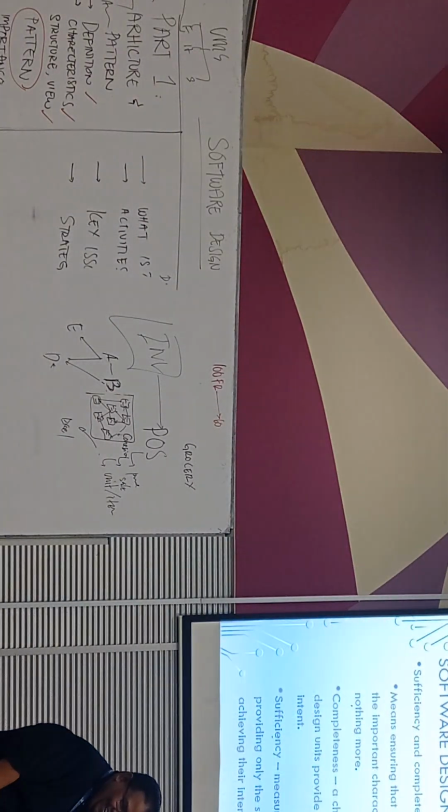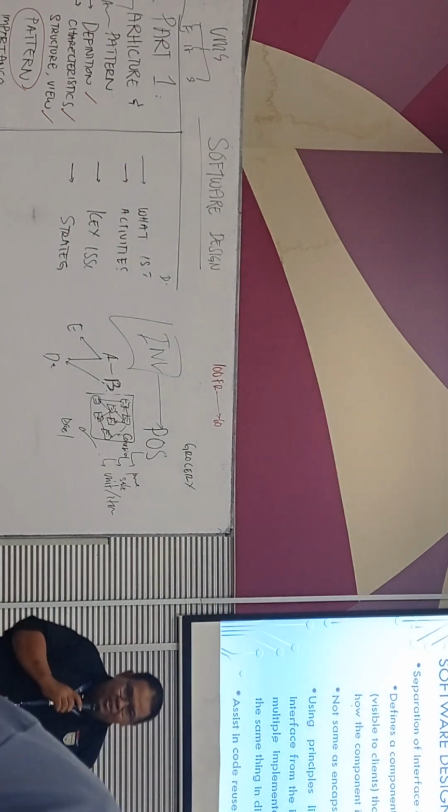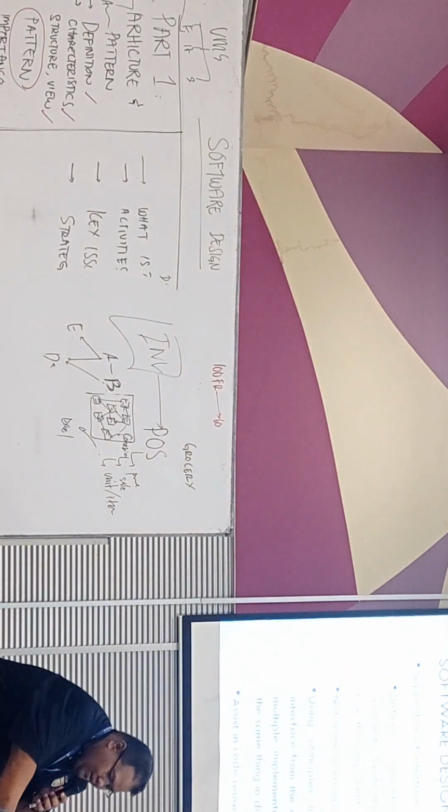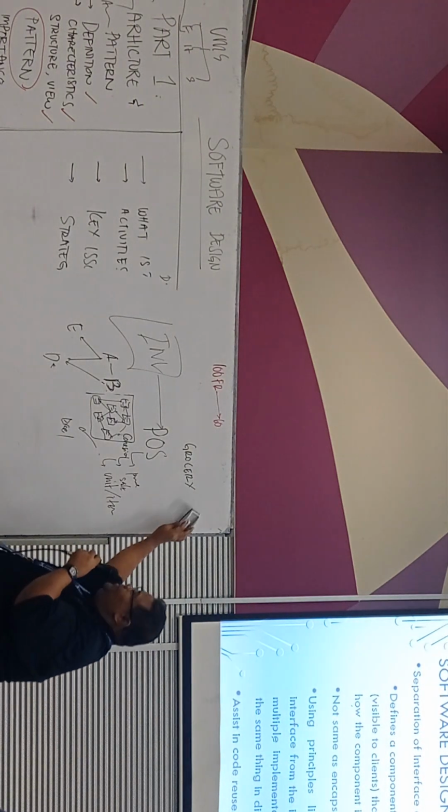Next one. Separation of interface and implementation. This is also important. Why is this so important and repeated so many times?